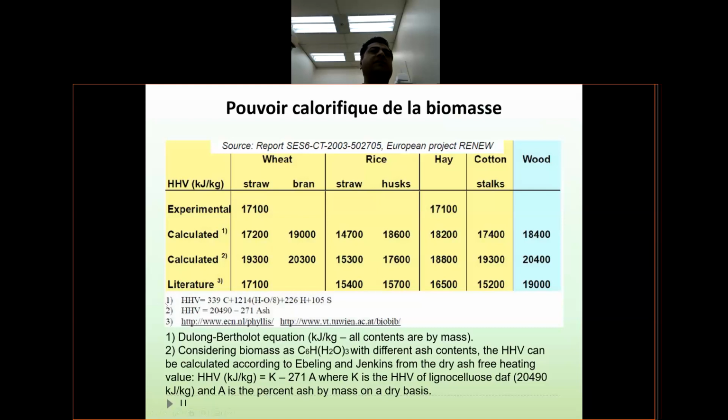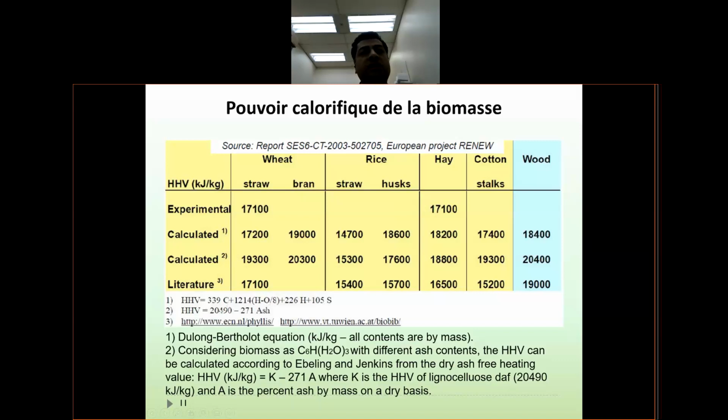So there are different ways of measuring the heating value of biomass. One way is by using a formula that exists in literature, like the one listed here, based on the elemental composition of biomass: carbon, hydrogen, oxygen, even sulfur.